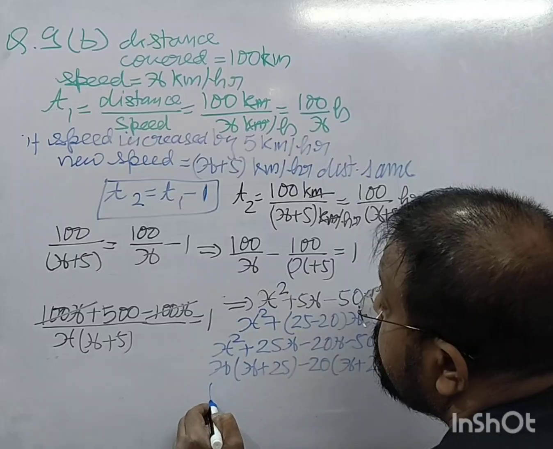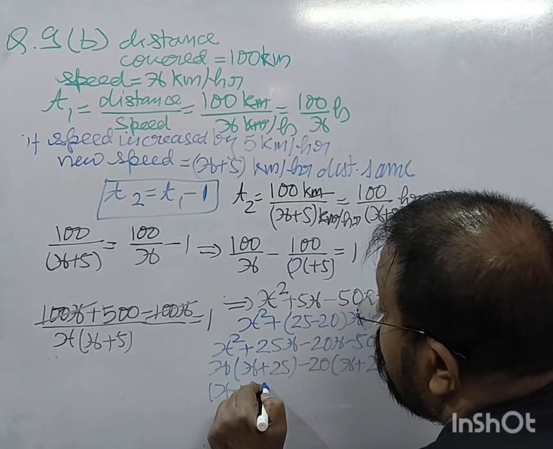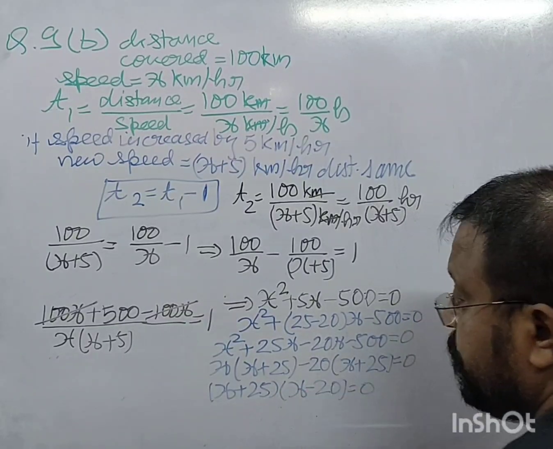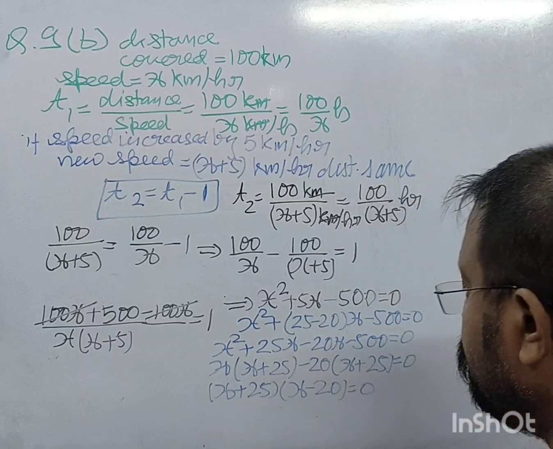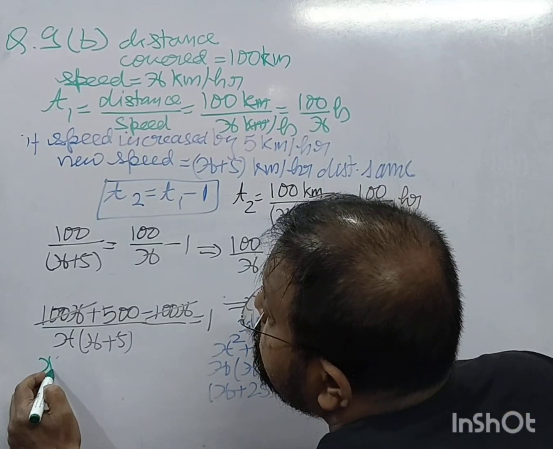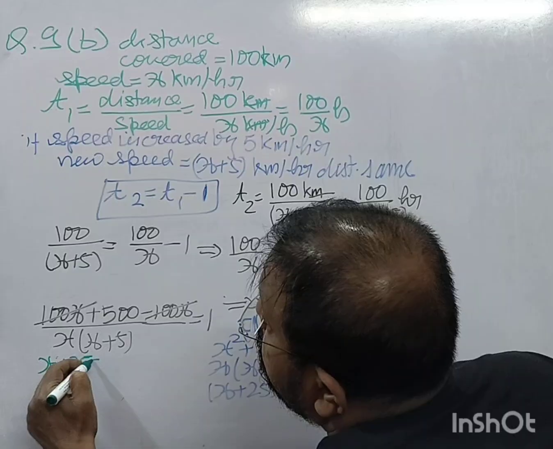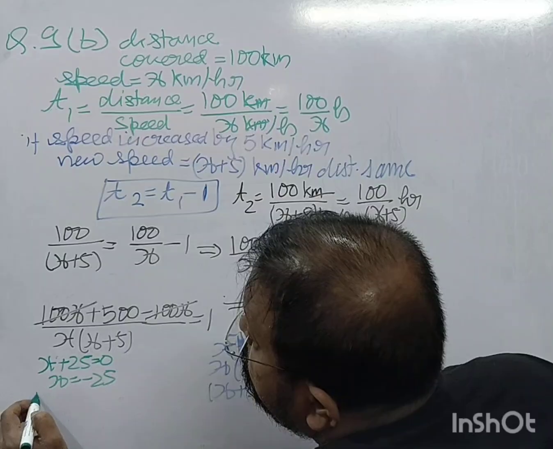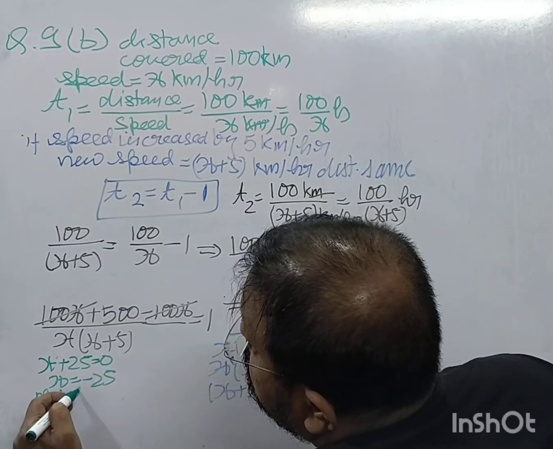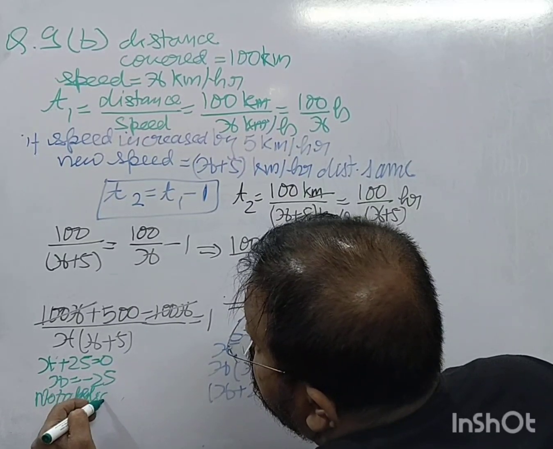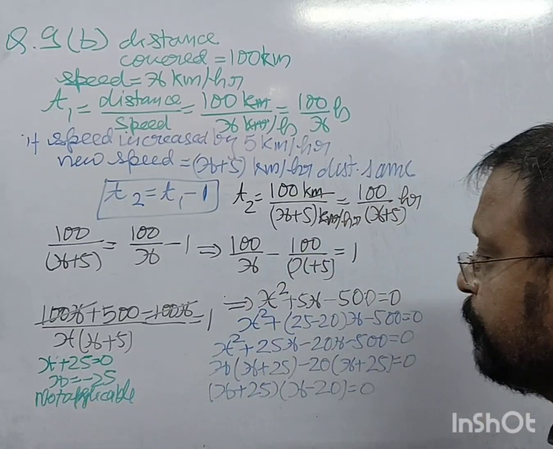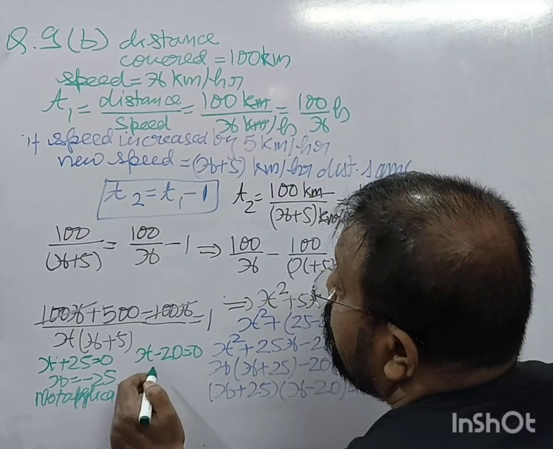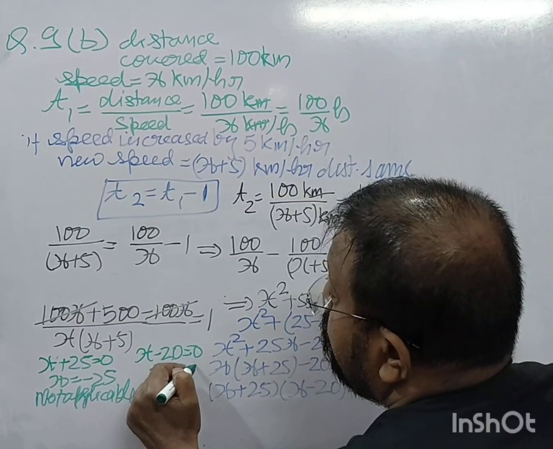So x plus 25 common, you get x minus 20 is equal to 0. If x plus 25 is equal to 0, x is minus 25, not applicable. And x minus 20 is equal to 0, so x is equal to 20.